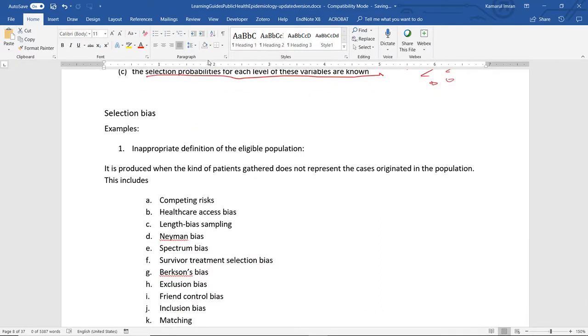Example, right? Example of selection bias. Number one is inappropriate definitions of eligible population. Okay, it is produced when the kind of patients gathered, okay, does not represent the cases originated in the population.